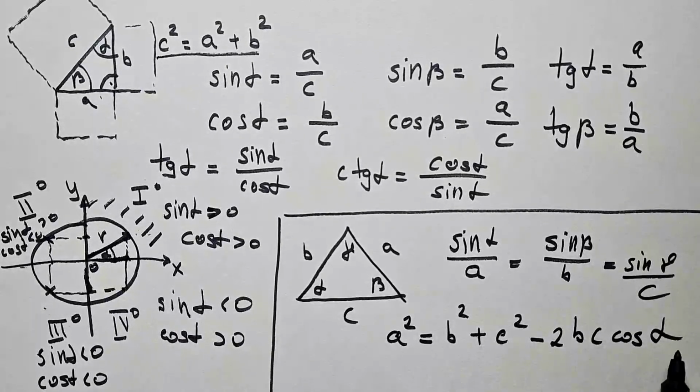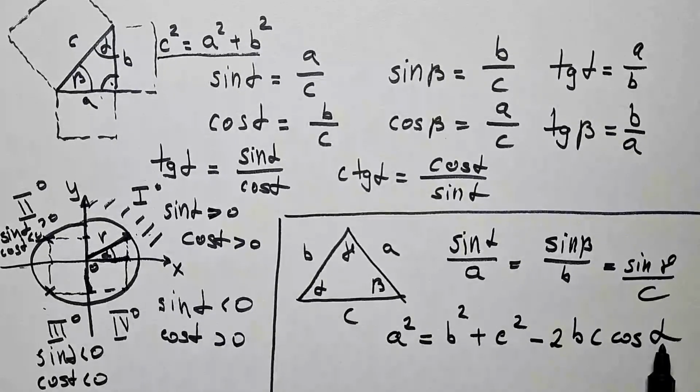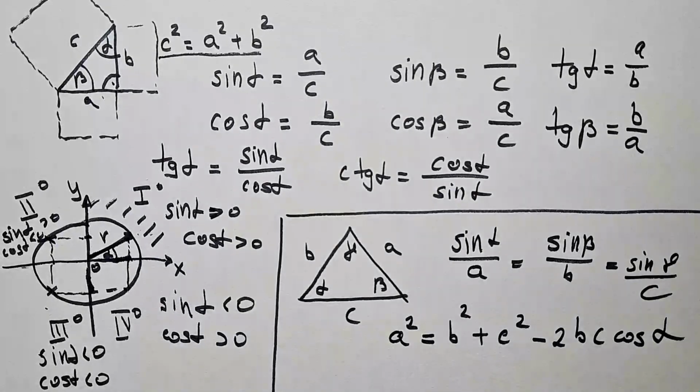As you can see, if alpha is 90 degrees, cosine is 0, and we end up with the Pythagoras theorem. Okay, because you're such a good subscriber, I will prove the law of cosines, but I will leave it up to you to prove the law of sines. If you are really struggling with that, let me know and I'll make a video about that.